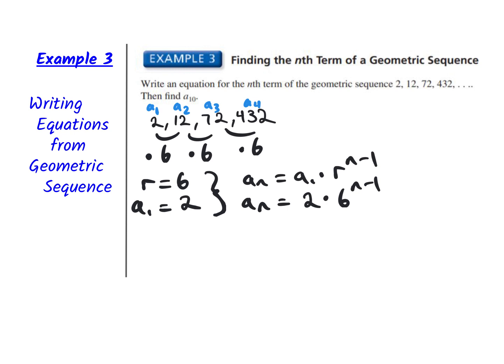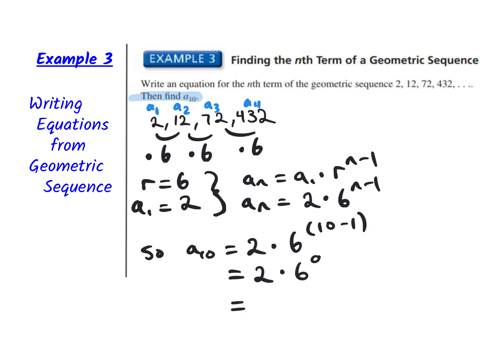And so if we want to find a sub 10, that's the 10th term, we just make a sub 10 equal to 2 times 6 to the 10 minus 1 power. This can be simplified. 2 times 6 to the 9th power. And this will give us 20,155,392.